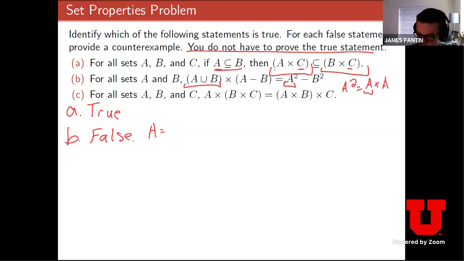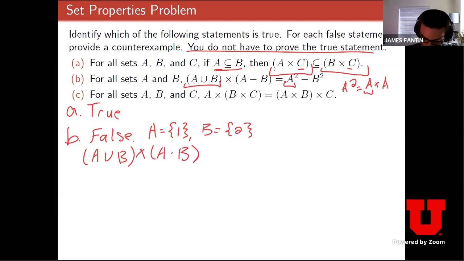So if we look at the set where A is the set 1 and B is the set containing 2, then A union B cross A minus B is going to be, well, A union B is just the set 1, 2, cross product with the set A minus B, which is just the set 1. And then applying the cross product, this will be the set 1, 1.